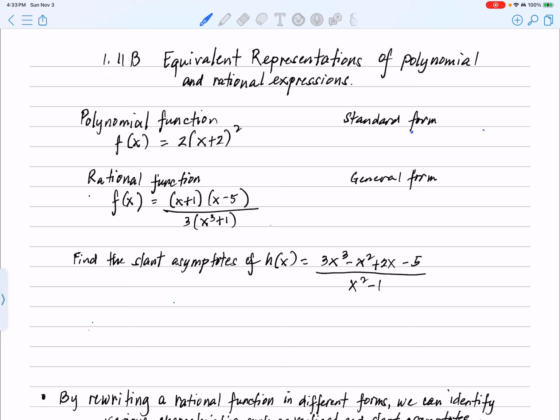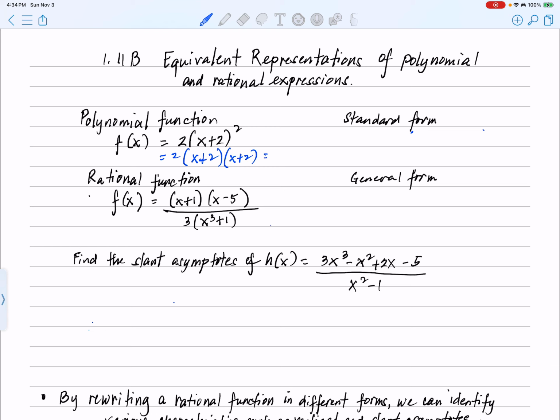Matematika. Today we're going to do 1.11b, equivalent representation of polynomial and rational expressions. If you are given a polynomial function f of x equals 2 times (x plus 2) squared, the usual thing we do is we multiply x plus 2 times x plus 2 and do the distributive property.